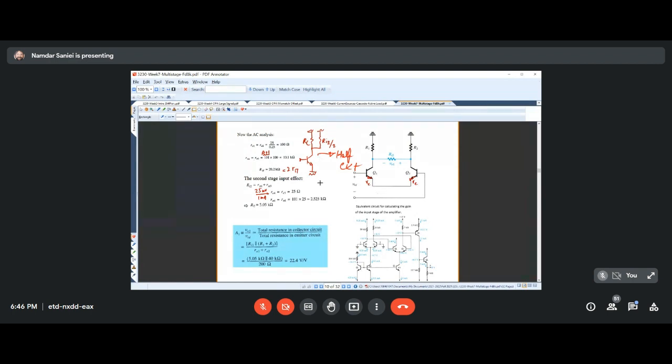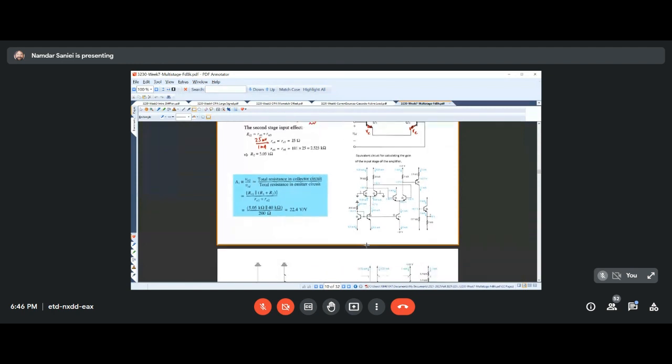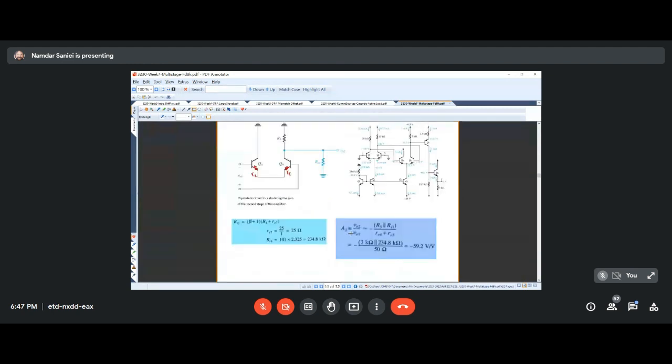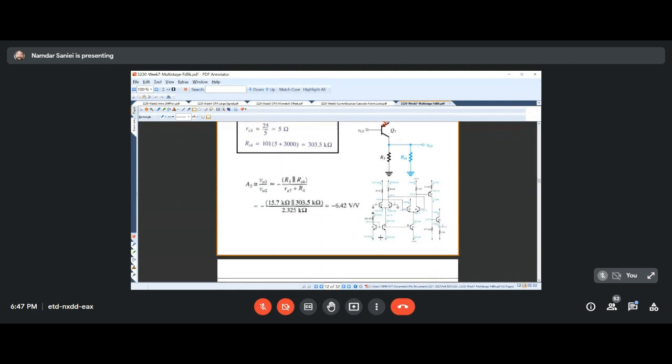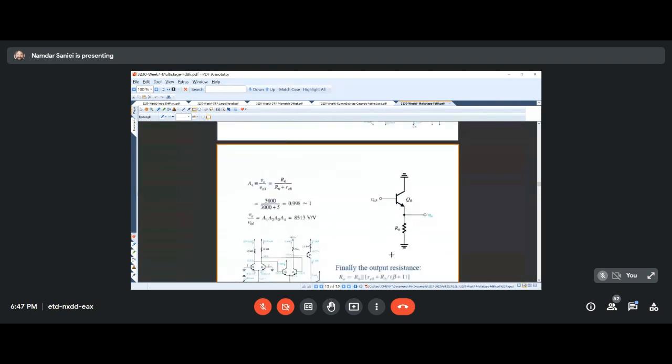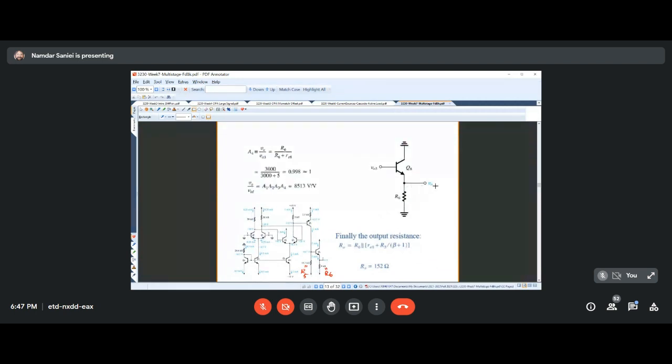The Hawaiian dance worked and gave us the result. First stage, second stage and third stage, all of them were considering the effect of the next stage input resistance on the previous stage. And with exception to the last one, which is a current amplifier, or it's a voltage follower, whose gain is 1, close to 1.